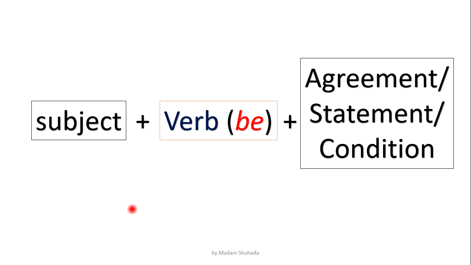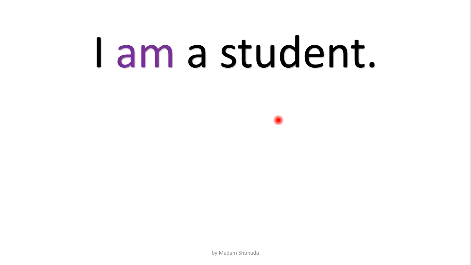Okay, so these are actually the formula. To create a sentence using the be verb, we must start with subject, verb be, agreement, statement, or condition. It can be any of these. The be verbs that we focus on today are is, are, and am. Again, this is the first sentence that I showed you.